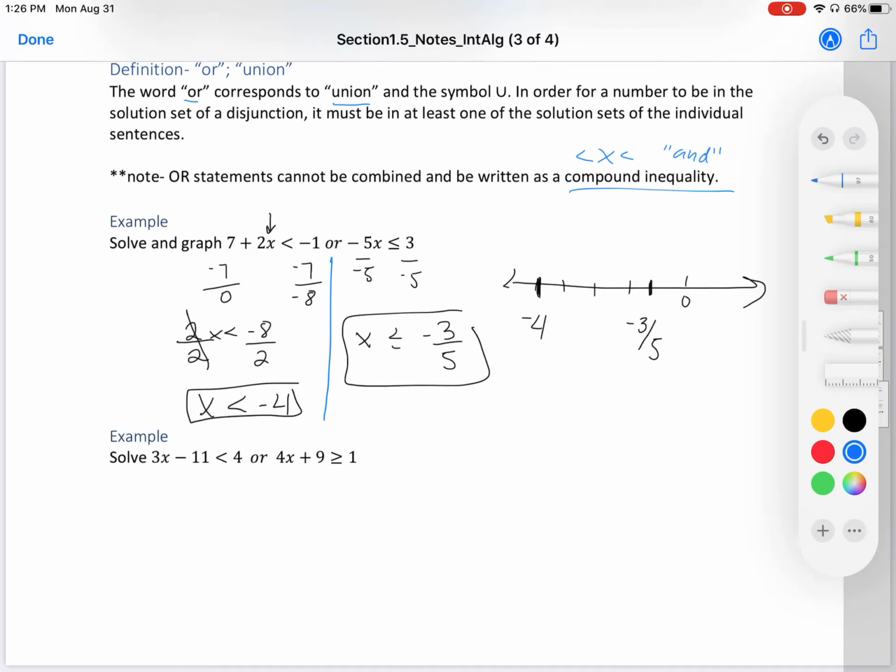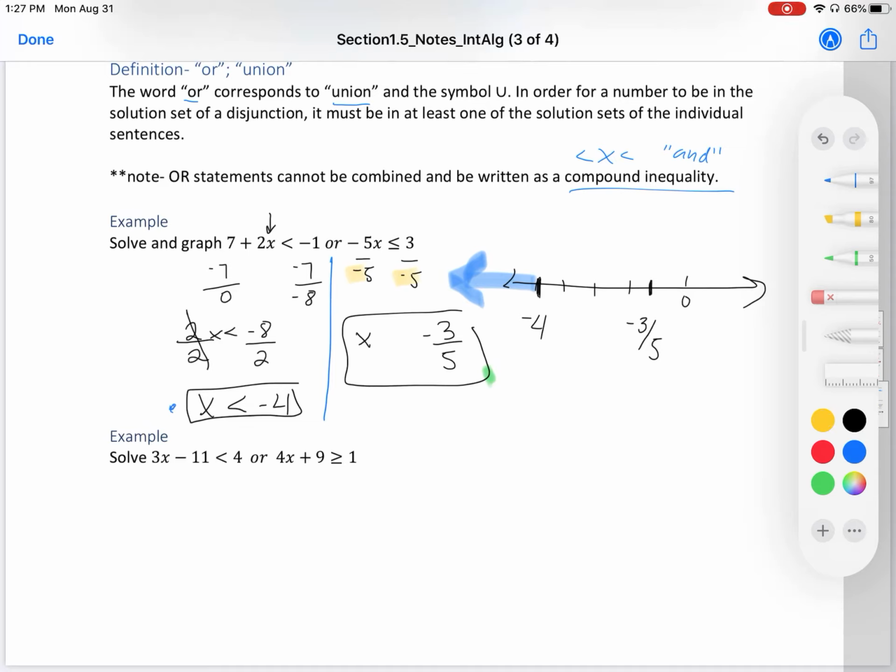So I'll do my first one in blue. That's saying x is less than negative 4. So it's going to go towards the left. The next one I'll do in green. X is less than or equal to negative 3 over 5. Oh no, I made a big mistake. We divided by a negative, so what should have happened to our inequality?